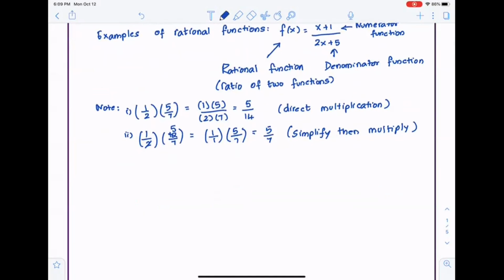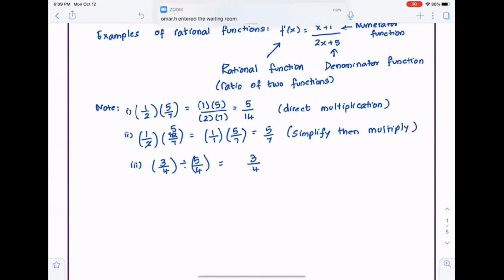When we divide fractions, for instance, suppose we have 3/4 and we'd like to divide it by 5/4. Well, this simply means 3/4 goes in the numerator, and in the denominator, we have 5/4.